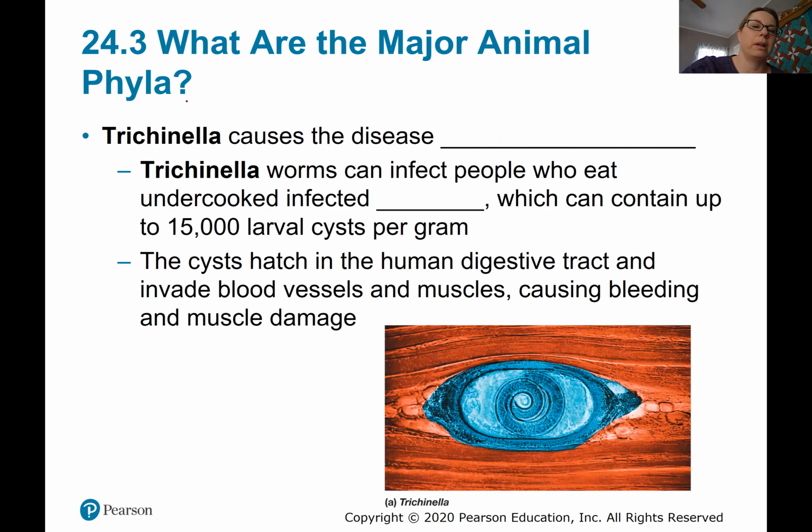An example of a nematode is Trichinella, and it causes the disease trichinosis. Okay, this is not the STD trichomoniasis. That's given by a protozoa. It's totally something different. So this trichinosis is not the STD. But basically it is transmitted by people eating infected pork.